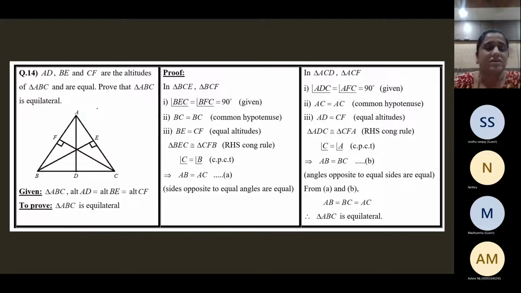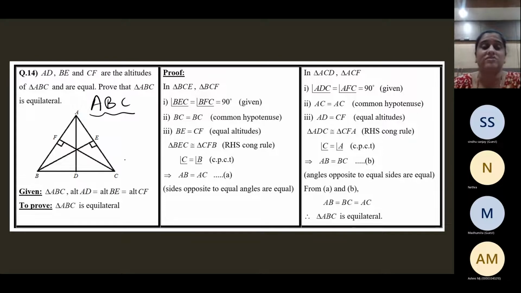Okay, so now how to consider the triangles? What you'll have to understand is you cannot take up the whole triangle ABC, because the whole triangle ABC cannot be congruent to any other smaller triangle here. We have smaller triangles like ABD, ACD, BCE. We have many small triangles like that.